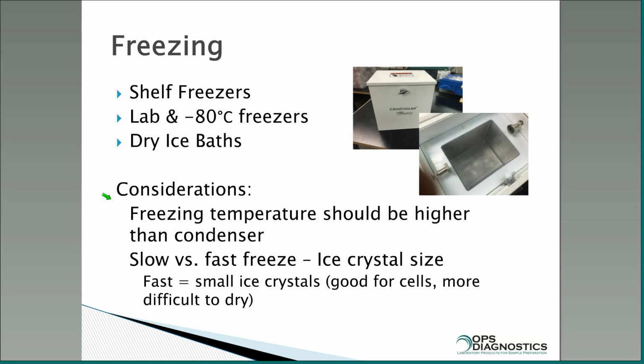Some considerations in freezing temperatures. The freezing temperature should be higher than the condenser, the condenser meaning the cold trap. Now when I say it should be higher, keep in mind that minus 20 is higher than minus 80.